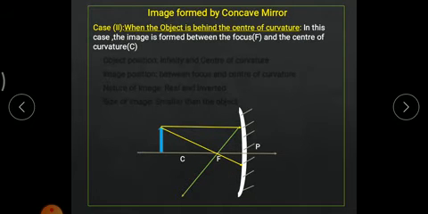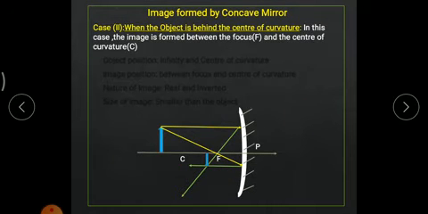We have studied this previously. Earlier the incident ray was parallel to the principal axis, but this time it is passing through the focus, so the reflected light ray, the green line, is parallel to the principal axis.